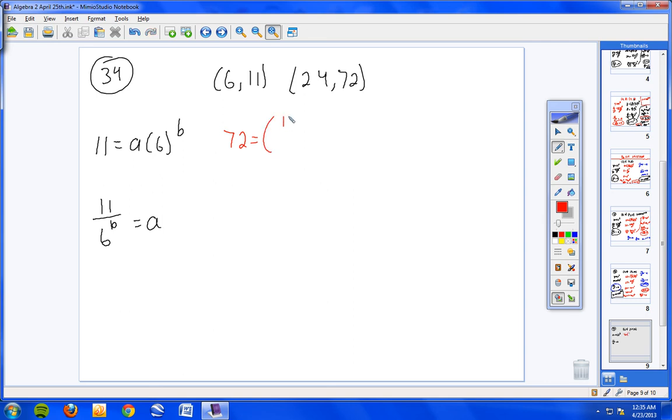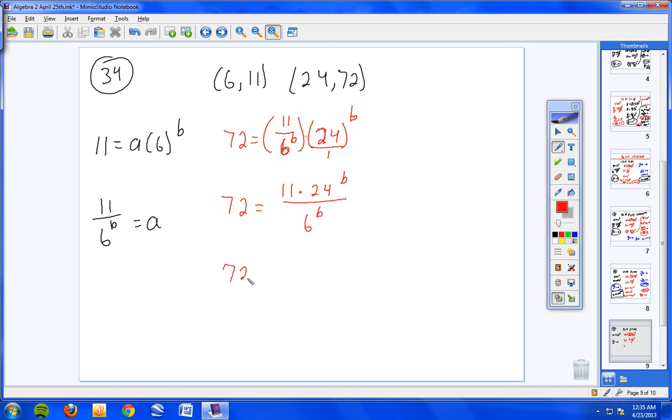So parentheses 11 over 6 to the b, and then of course x, which is 24 to the b power. Now, I've taught you guys to put this over 1 and multiply these two fractions together. So now we have 72 equals 11 times 24 to the b power all over 6 to the b power.